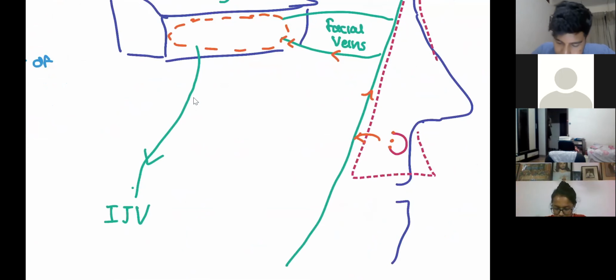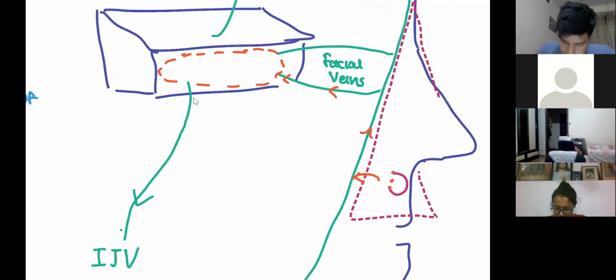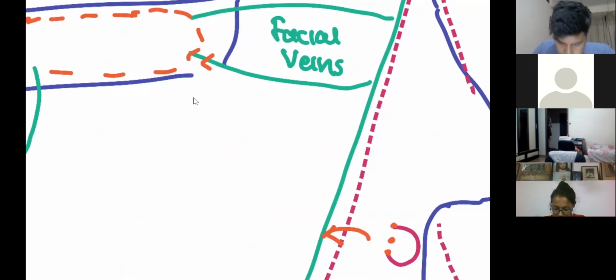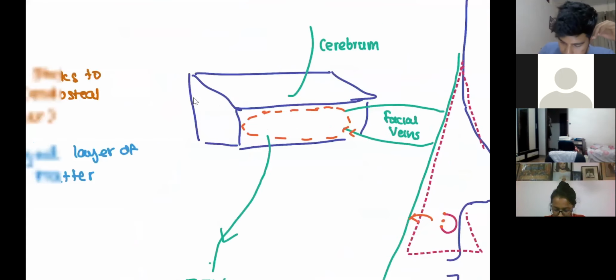If there are valves, you can stop it going backwards. Basically, these are veins without valves. So if you press it, you will force the bacteria into the cavernous sinus.